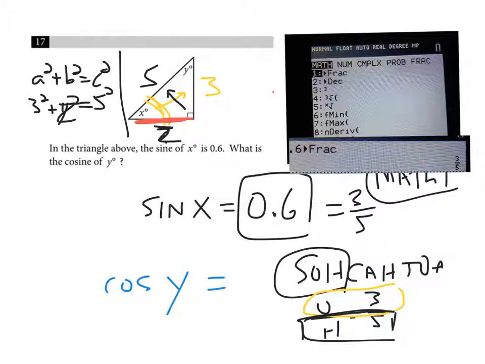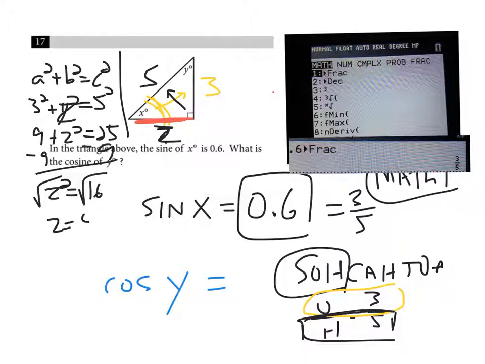So I have 9 plus z squared equals 25. Here, when I subtract 9 on both sides, I get z squared is equal to 16. So if I take the square root of both sides, z is equal to 4. But if you can remember the Pythagorean triple of 3, 4, 5, it a lot of times makes finding sides of triangles a little bit easier.